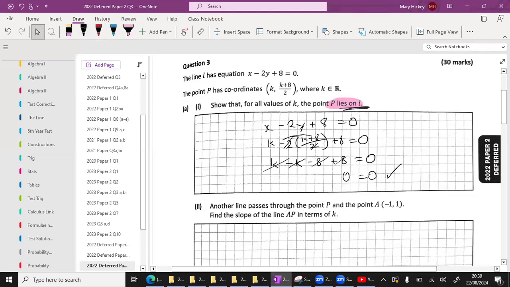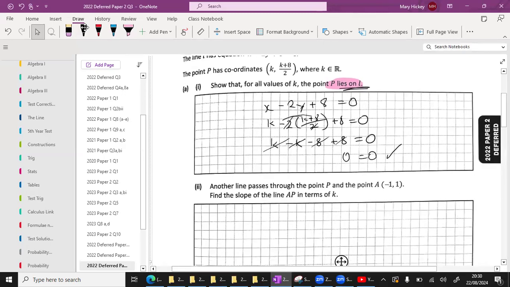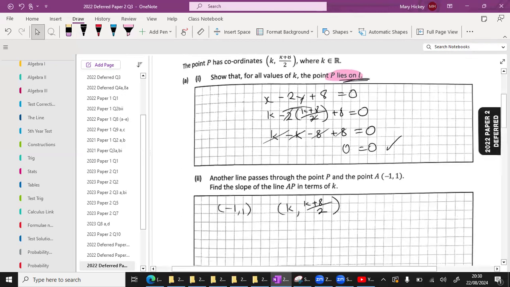Another line passes through the point P and the point A, which is (minus 1, 1). Find the slope of the line AP in terms of k. So here I have a line AP. So we know that A is (minus 1, 1), and we know that P is k, (k plus 8) over 2. Now, it's supposed to be in terms of k, so we don't have to worry about finding out what k is.